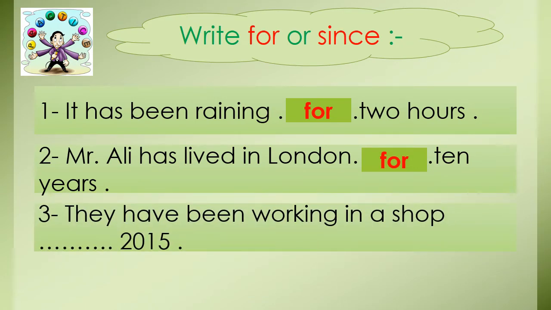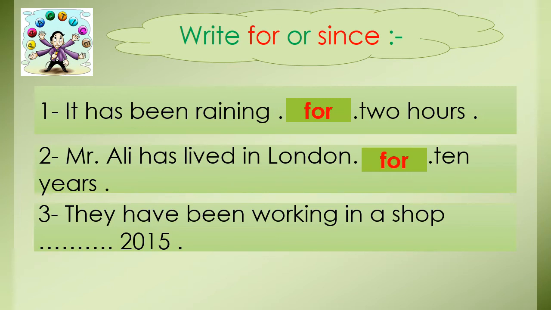Number 3. They have been working in a shop 2015. Look at this time, 2015. Is this the start point or the whole period? Very good. This is the start of the period.